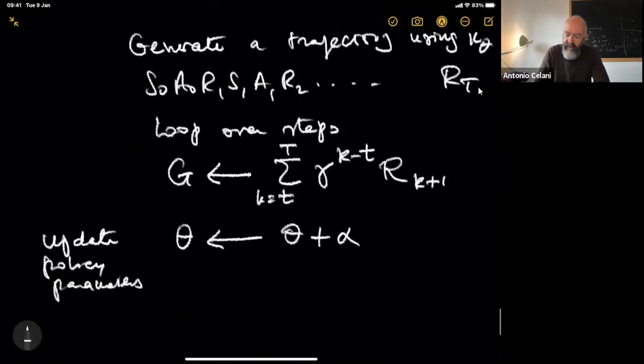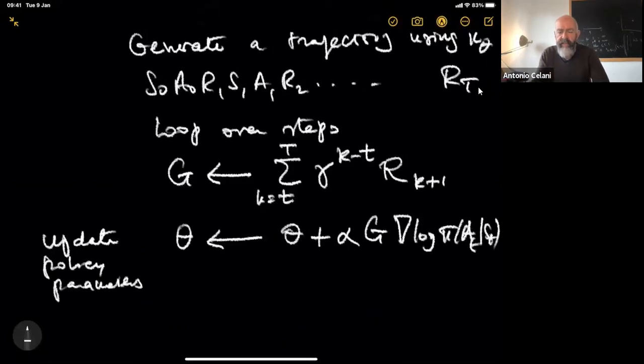So you have alpha G grad log pi at s_t. Until your episode is finished, you arrive at time capital T, and then you restart with another episode, and so on and so forth. So your parameters will move around, and will lead you to parameter values which try to optimize this.